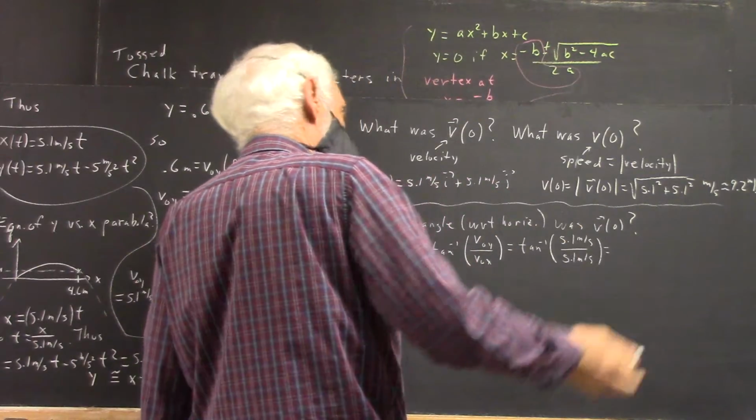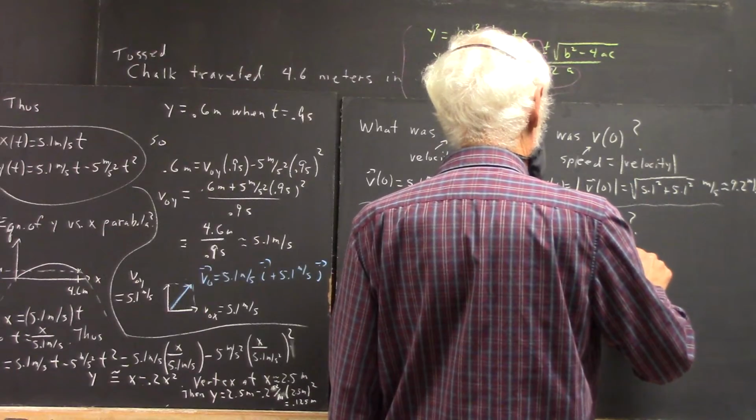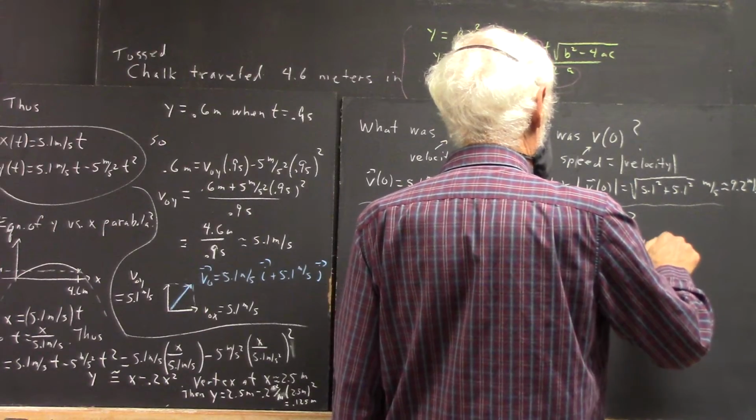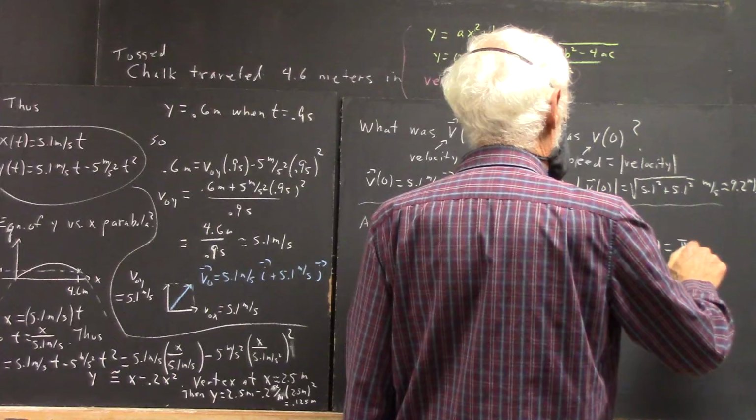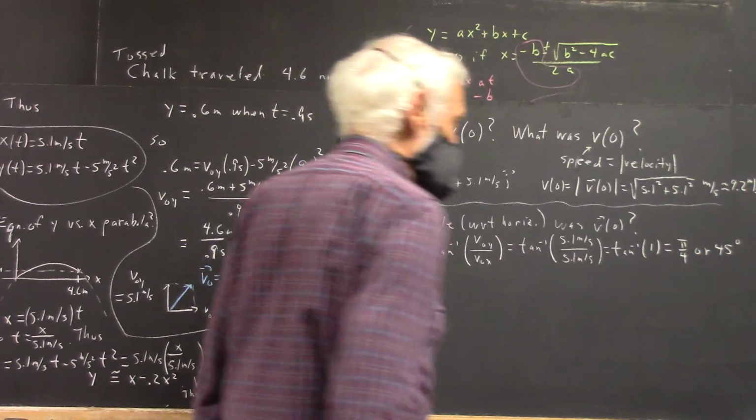Arctangent of, coincidentally, same quantity divided by itself, which is the arctangent of 1, which is pi over 4, or 45 degrees.